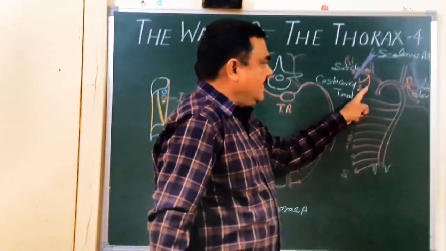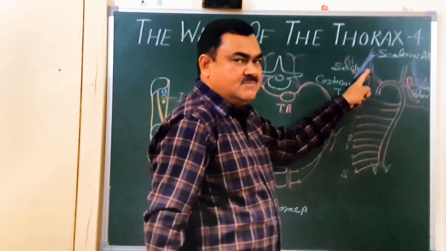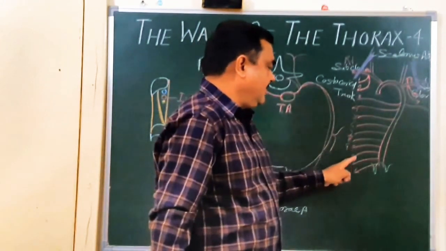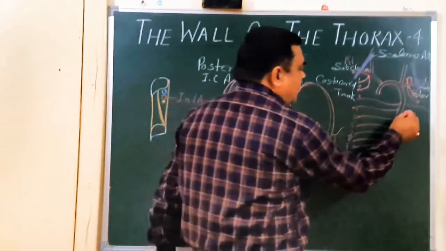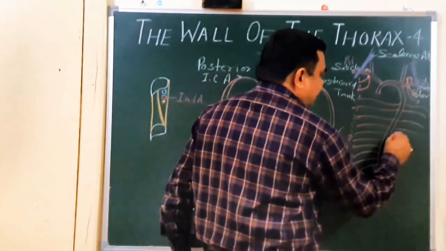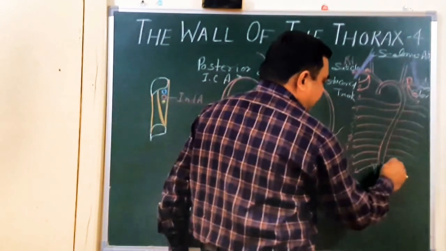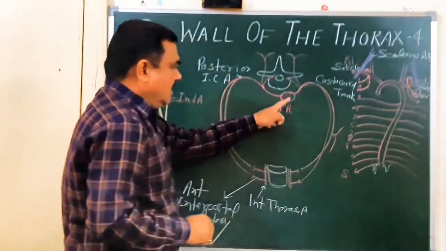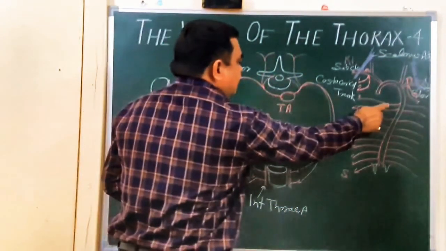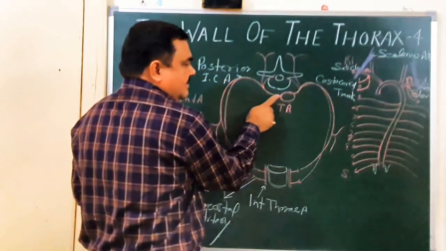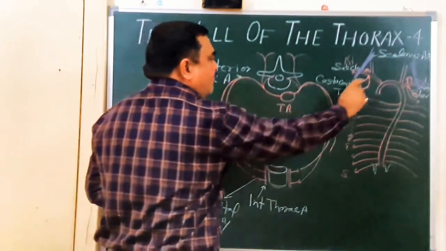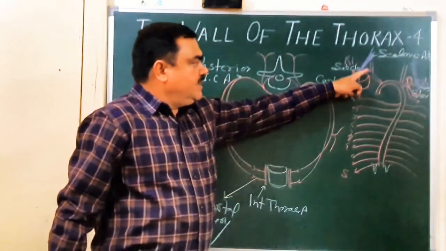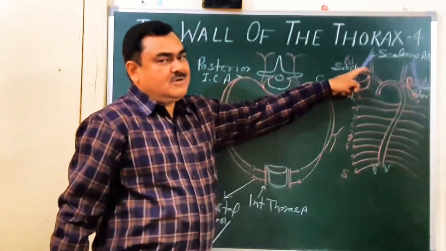The first and second arise from the superior intercostal, which is a branch of the costocervical trunk, and the third through 11th posterior intercostal arteries on each side arise from the descending thoracic aorta. Only the first and second spaces are supplied from the superior intercostal artery.